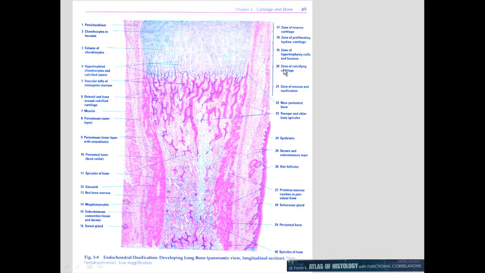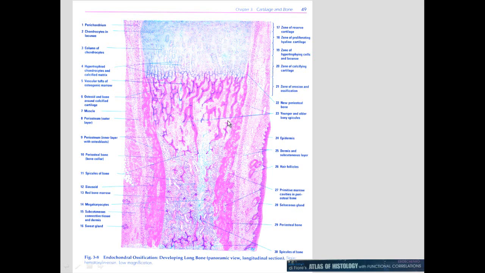What happens is the cartilage is calcified, and when it's calcified, nutrients can't go through, the cells die, and as a consequence, osteoclasts move in to eat them, and it's remodeled as bone.